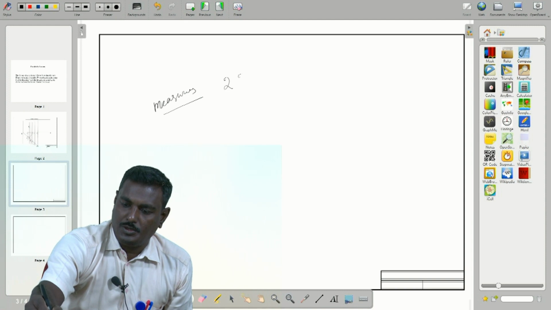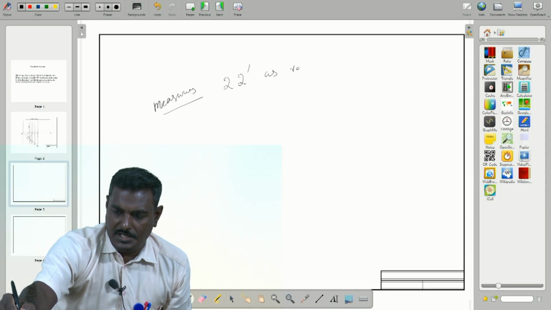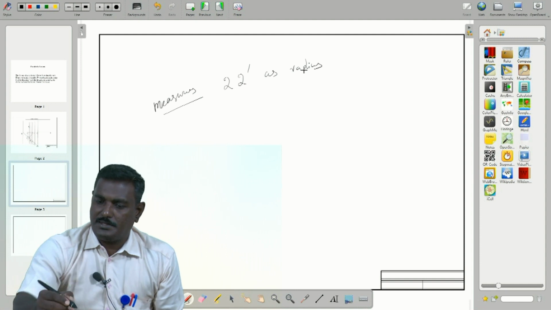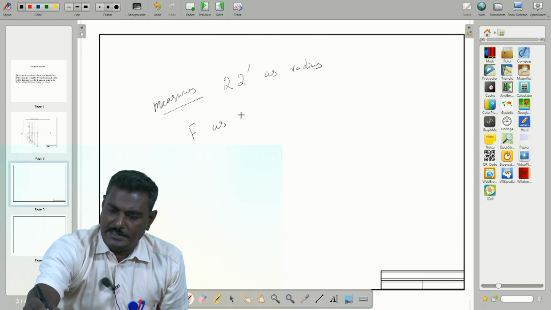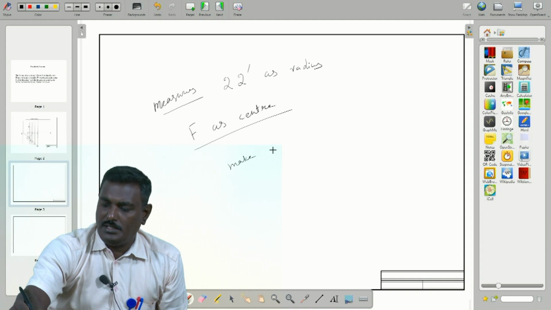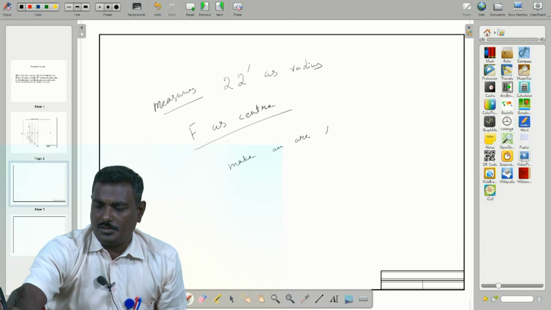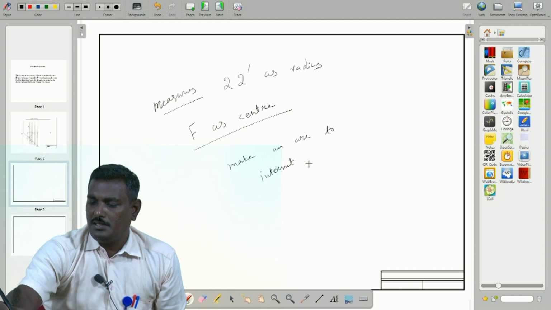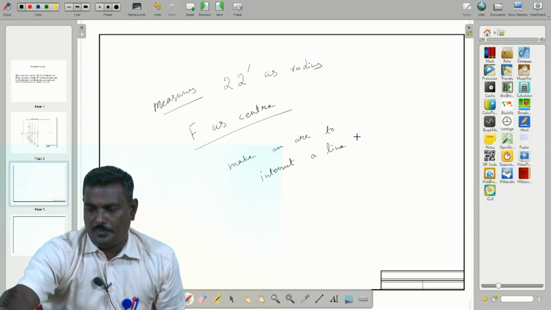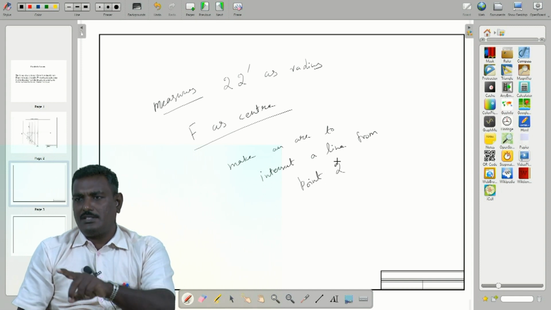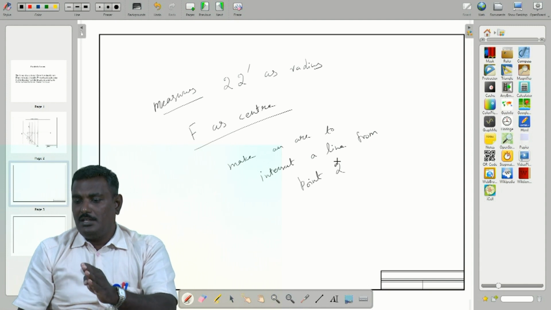Measure 2 dash as radius, F as center. Make an arc to intersect the line from point 2. So that is the concept: measure 2 dash as radius, F as center, make an arc to intersect the line from point 2.